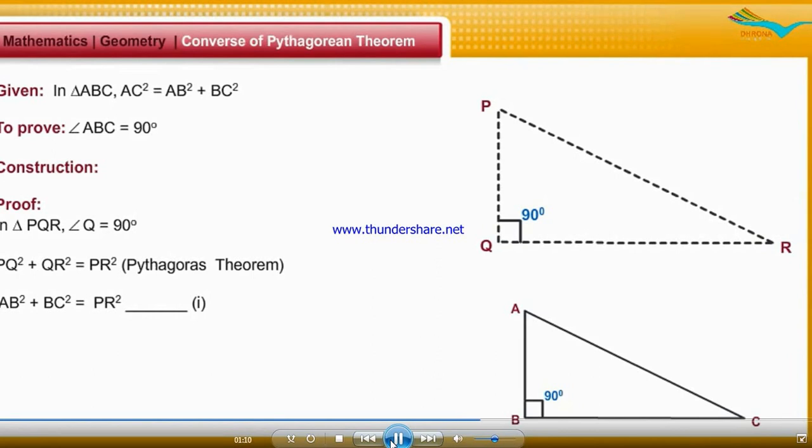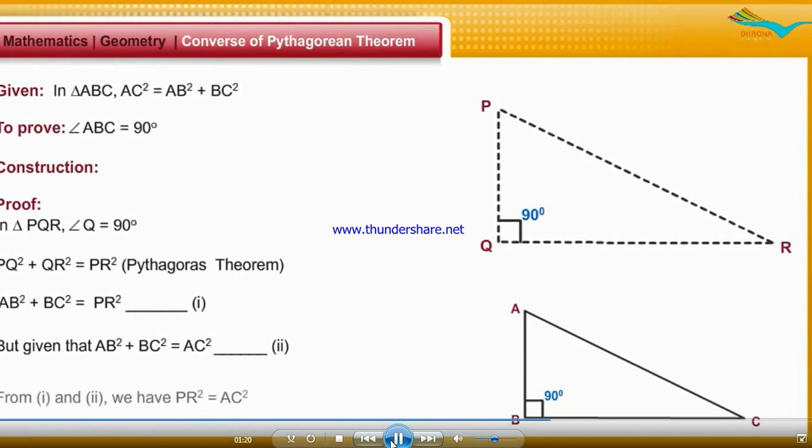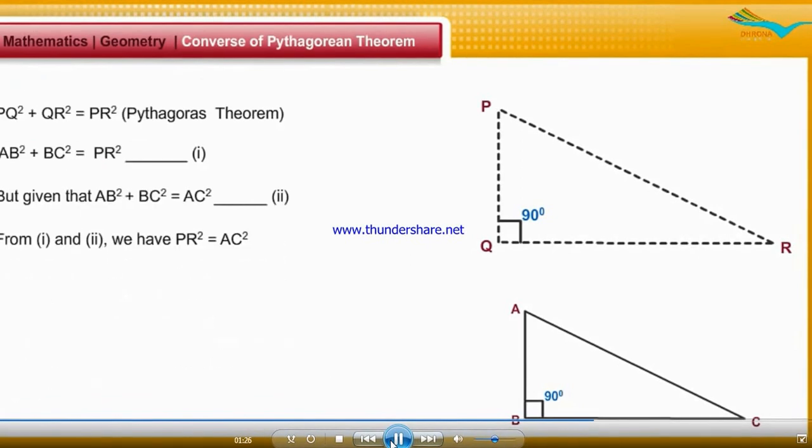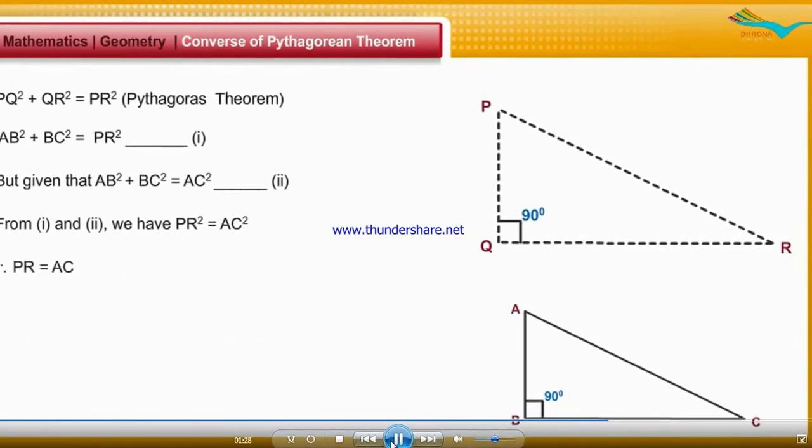Consider it as first equation. But as per the given statement, AB square plus BC square is equal to AC square, mark this as second equation. From equations 1 and 2, we get PR square is equal to AC square. Therefore, hypotenuses of both triangles are equal.